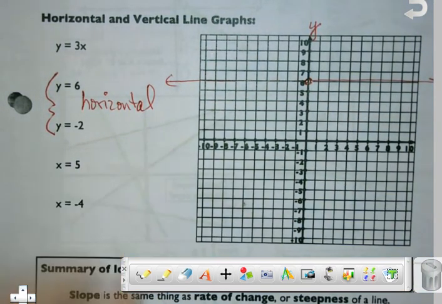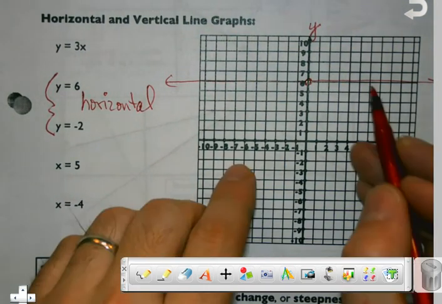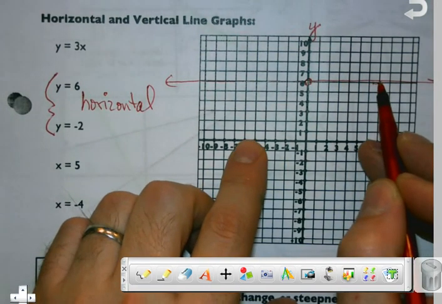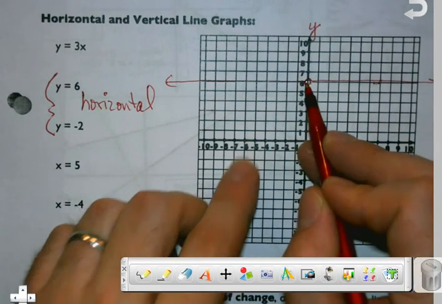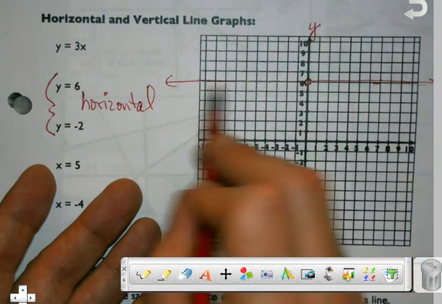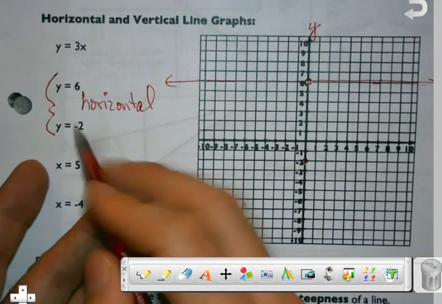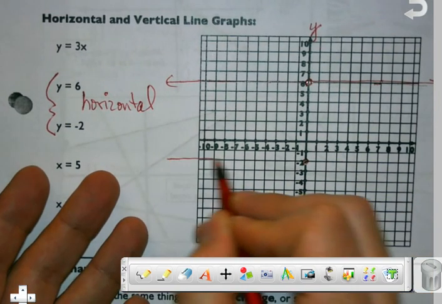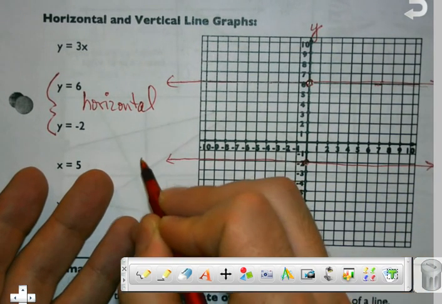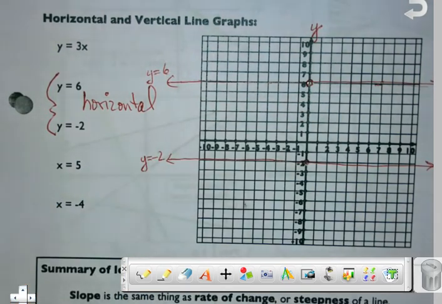You're like, but wait a minute, that's going the same way as the x-axis, and I understand that. But any point that I look at on this line has a y value of 6. My x values may change as I go back and forth, but my y values don't. And then it's the same thing here. Y is -2. So we just go to the place on y where that number is and we draw a horizontal line.